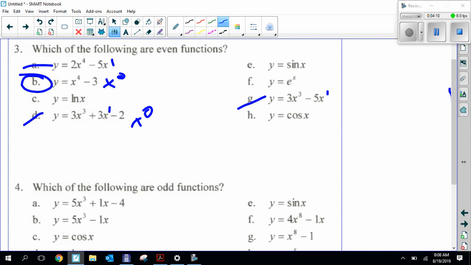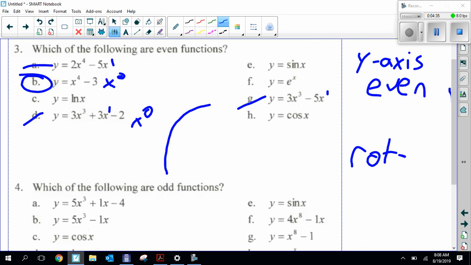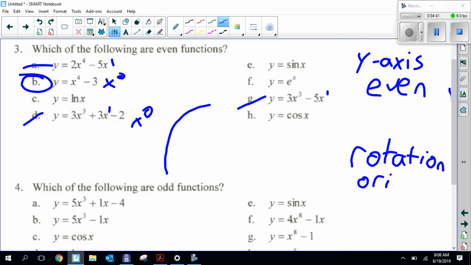Then we have some parent functions here. Natural log of x looks like that. When you have the graph, if it has symmetry over the y-axis, it's even. If it has rotational symmetry, or origin symmetry, then it's an odd function.